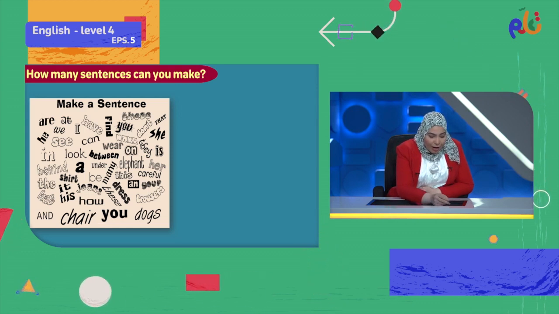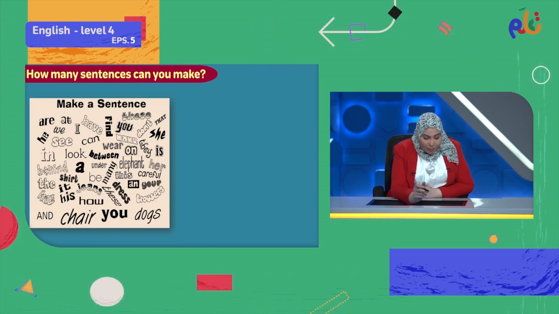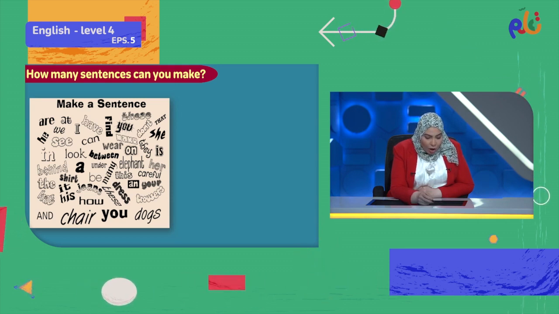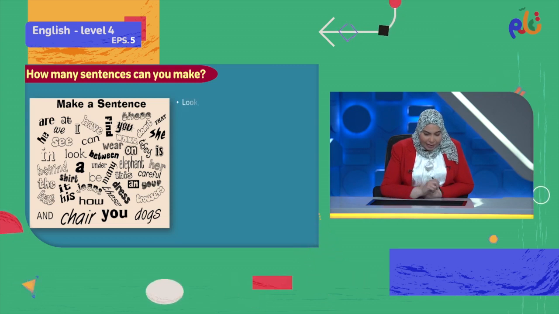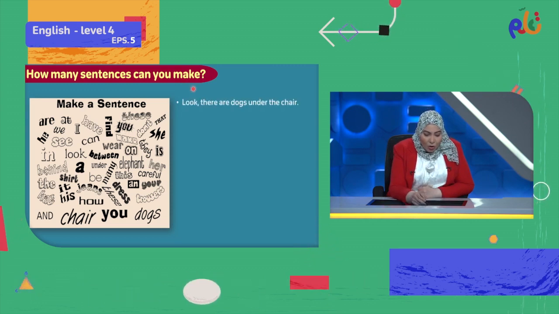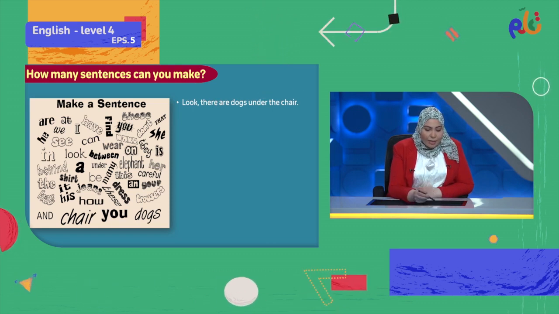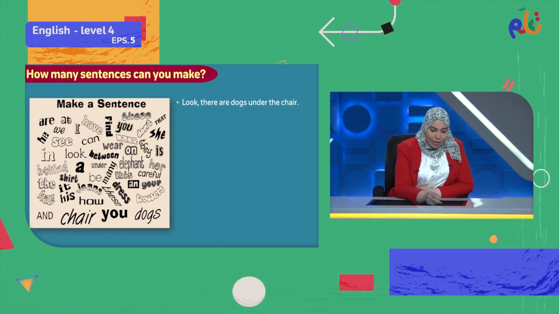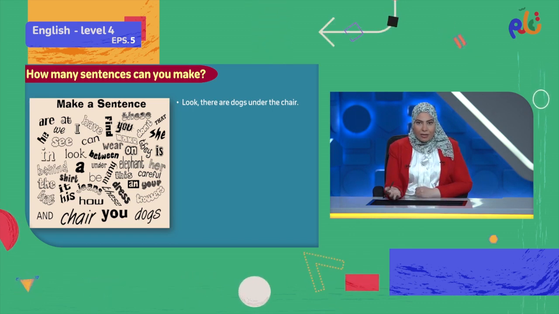So look, there, are, and then I said dogs, and then I wanted to make it long, so I used the preposition under and then the chair. So this makes my sentence: look, there are dogs under the chair. So this is how I created my first sentence.